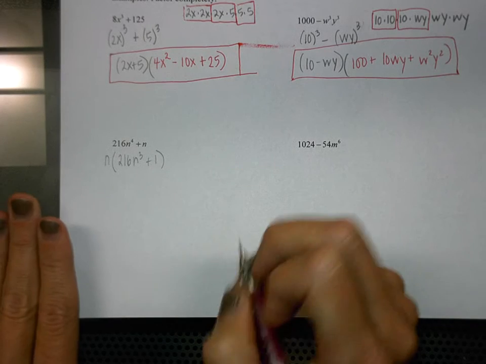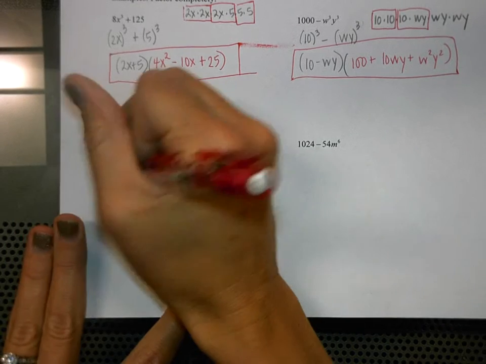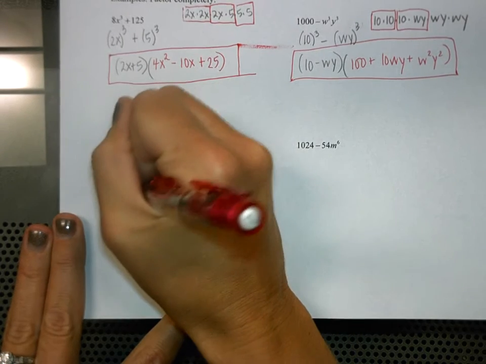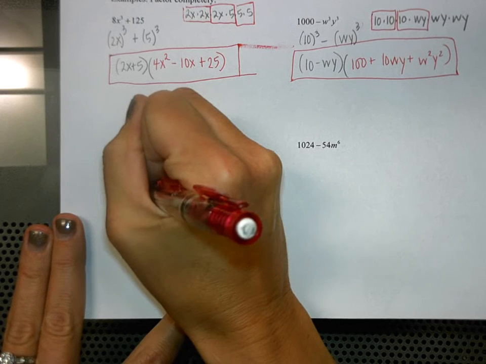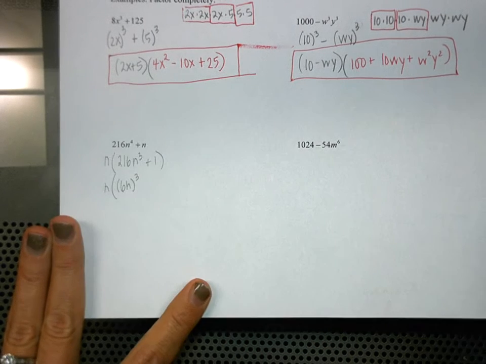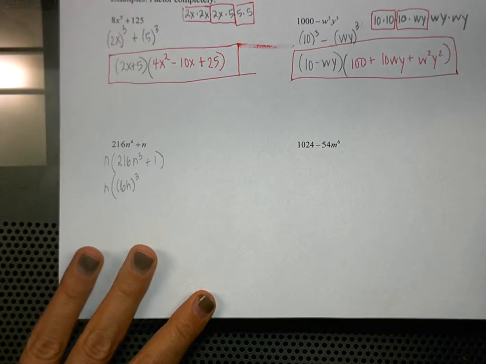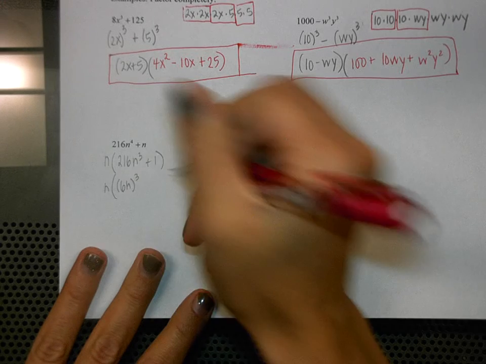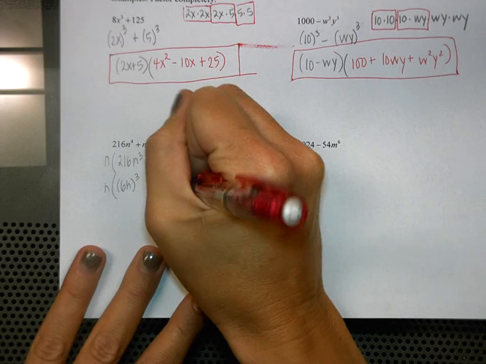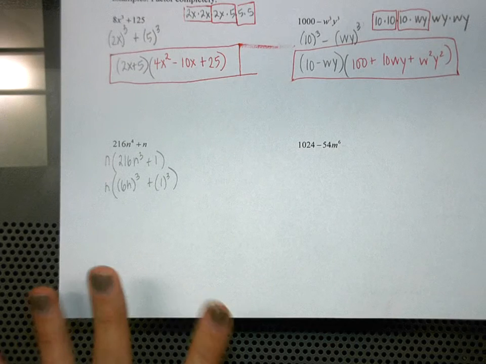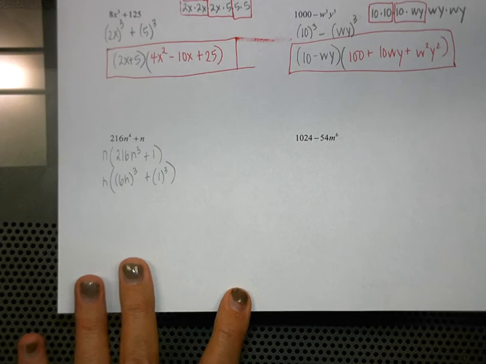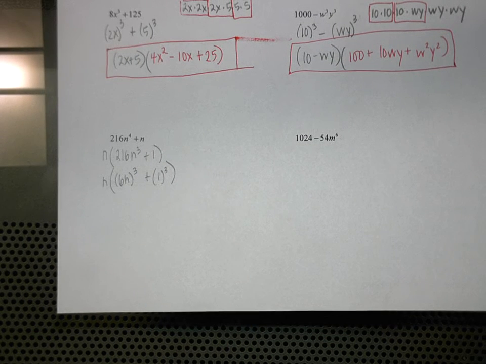So how can I write 216 as a cube? Good. So I'm going to have double parentheses here. So we're going to have 6n to the third power, because my 6 is cubed and my n is cubed, plus, and then I have 1 cubed. And it's important to always write those as cubes so you don't mess up, okay?